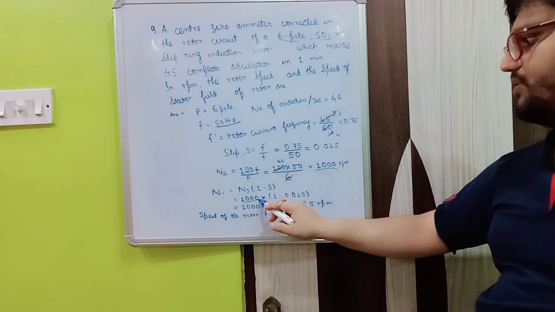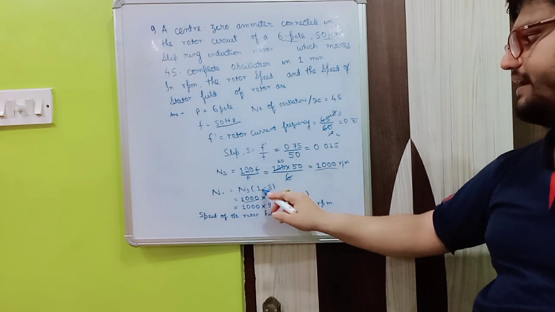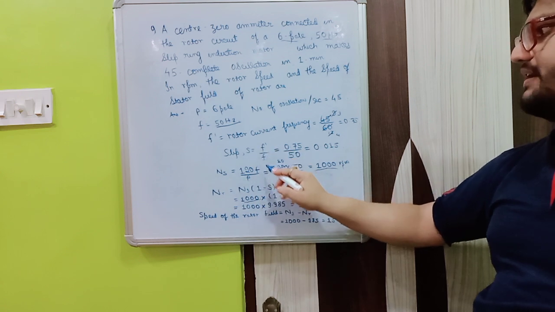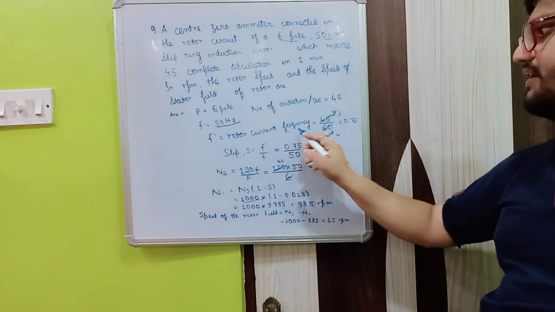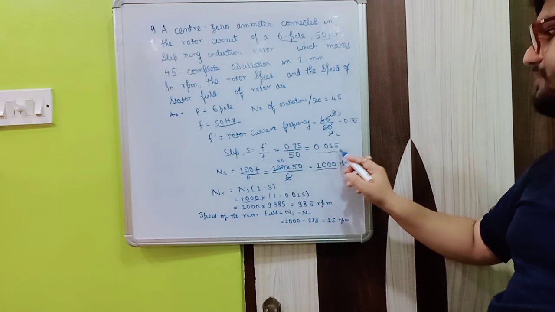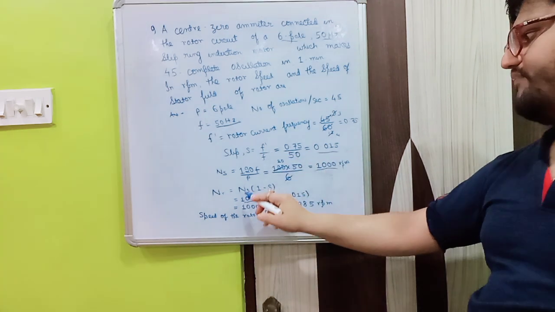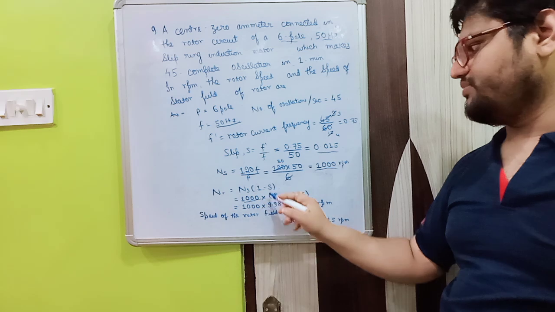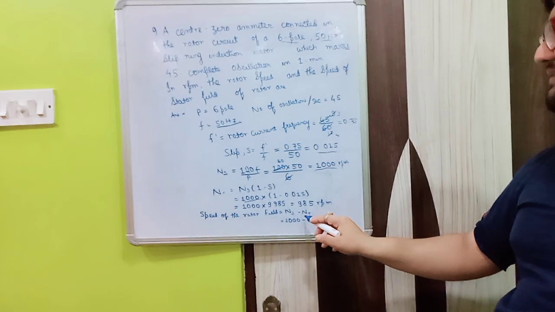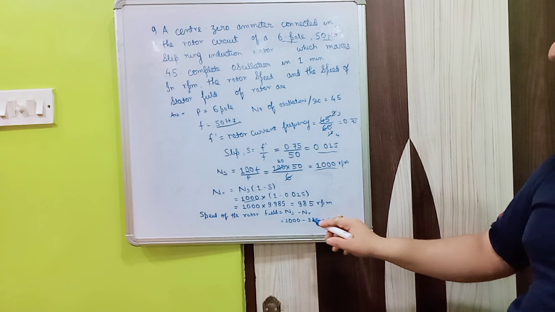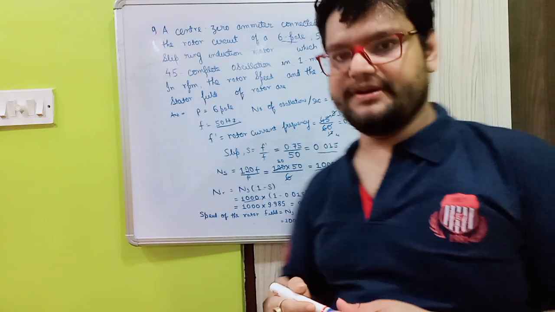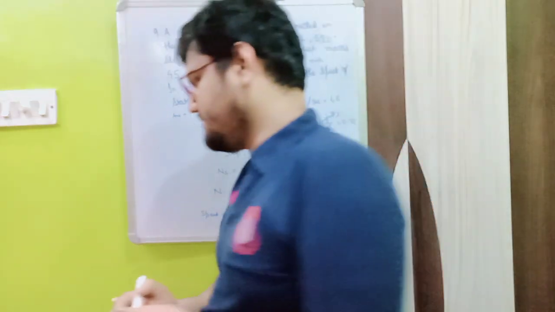Slip s is equal to f dash by f, where f dash is the rotor current frequency. From here we calculated the slip, then the rotor speed, and then the speed of the rotor field, Ns minus Nr, which is 1000 minus 985, that is 15 RPM. I hope it was a very easy numerical.